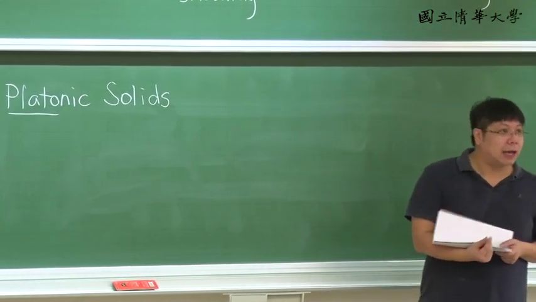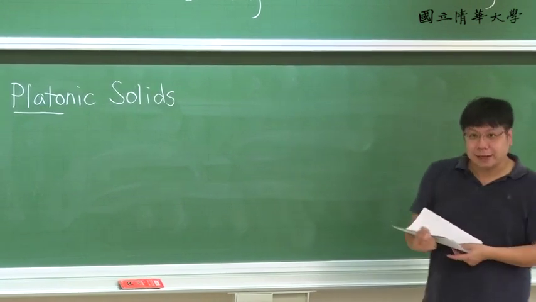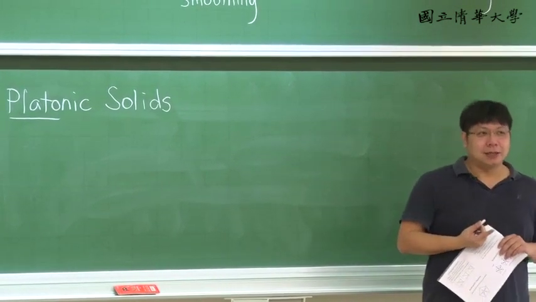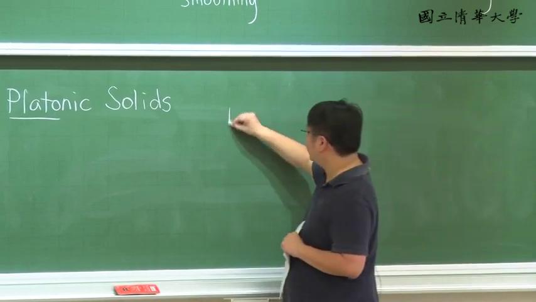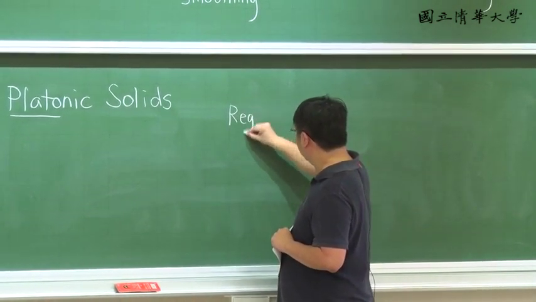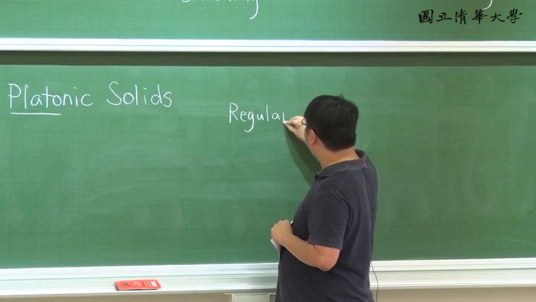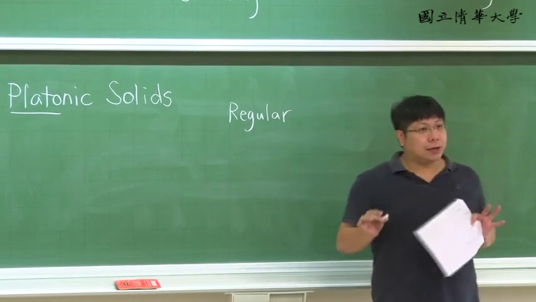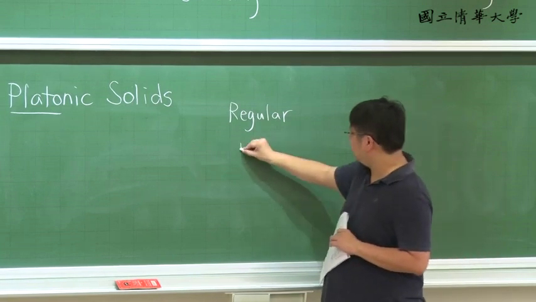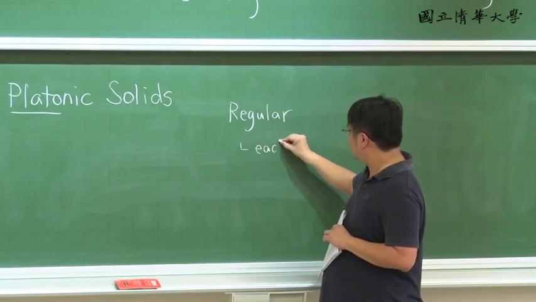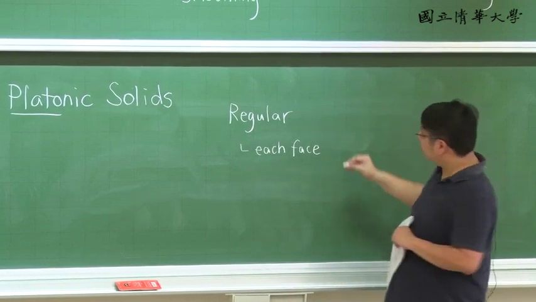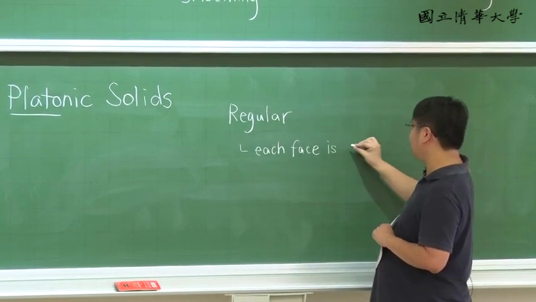And then at that time, people discovered that there are certain kinds of shapes, 3D shapes, that are very regular. So regular in a sense that in this solid, each of the faces is a regular polygon.